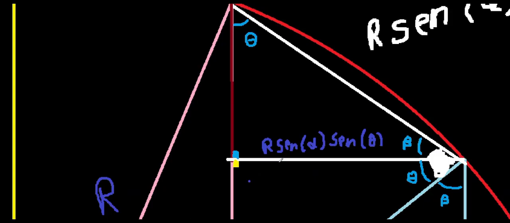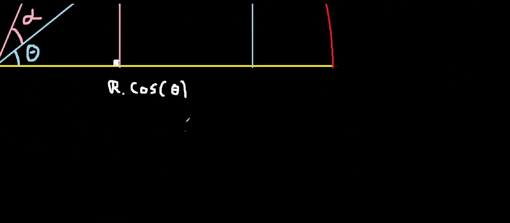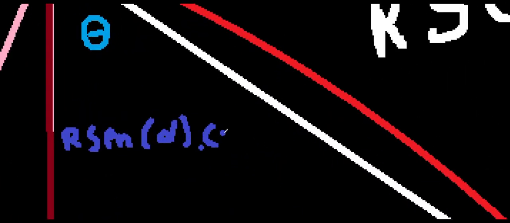So the hypotenuse R sine of alpha multiplied by cosine of theta.